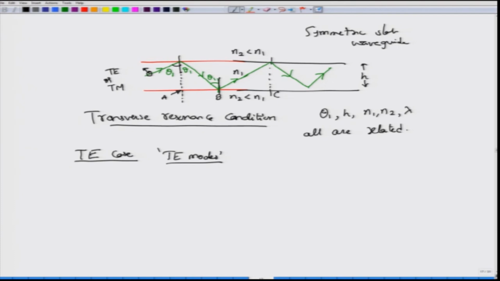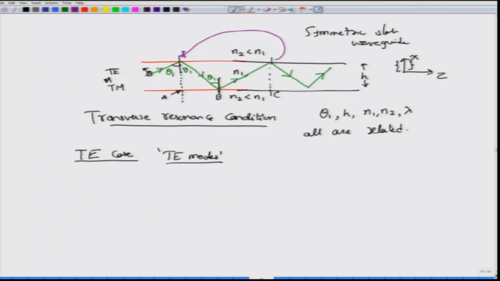What we now say is that in this traversal, if the overall phase shift in the direction perpendicular to the film, that is along the x direction, happens to be an integral multiple of 2 pi, then the field at point C would be in phase with the field at point A, and this wave can then undergo further reflections and sustain itself or be guided from one point to another.